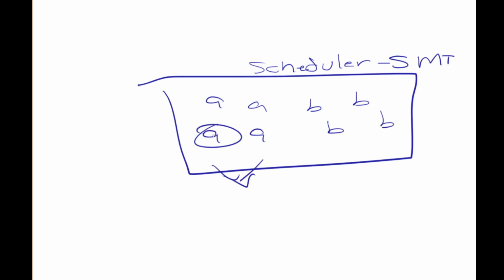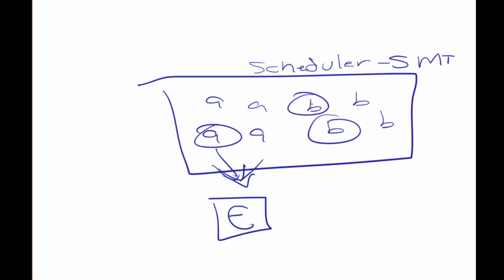If this instruction has its data available and the execution resource is available, it's just going to run through. It's not going to care if this should run first. It is going to care if this runs first or this one because it's within the same thread, but it's not going to be aware of these.